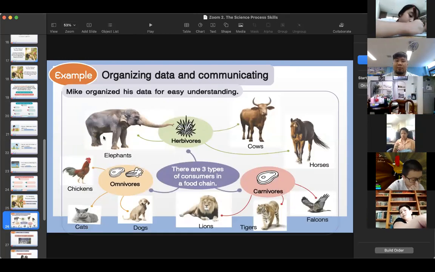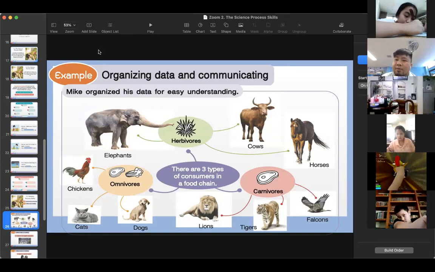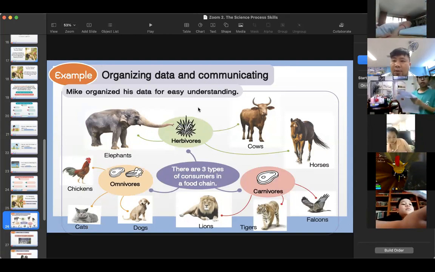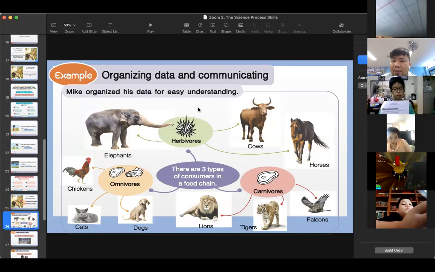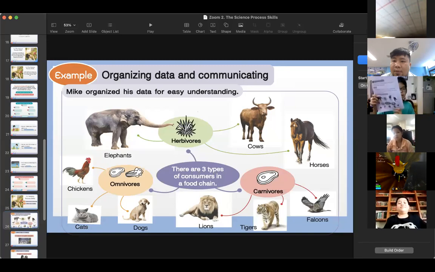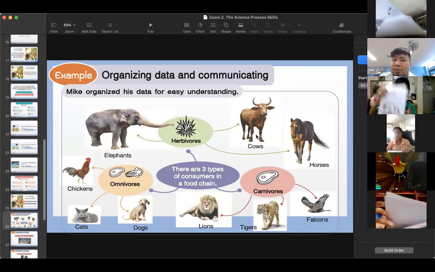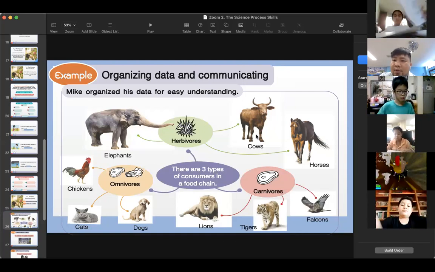The worksheets, the second page, number 4. Page 11. The elephants are in this one. Use the next page. This is the example.